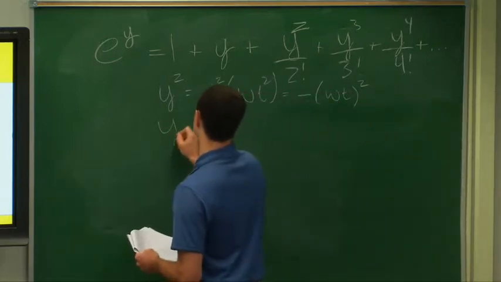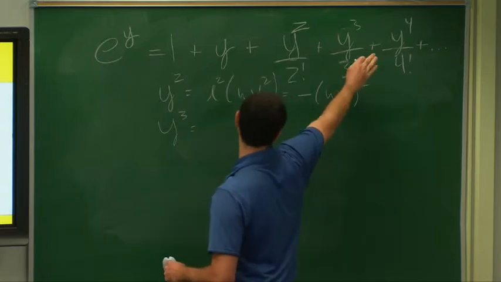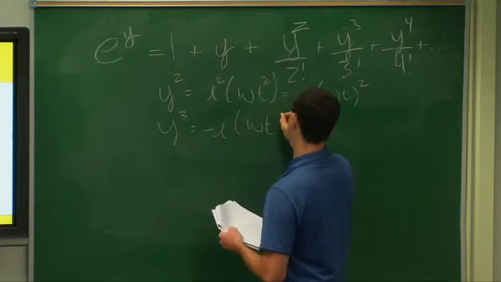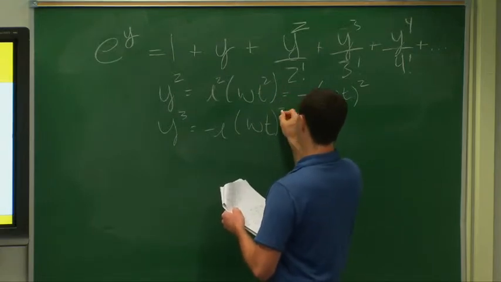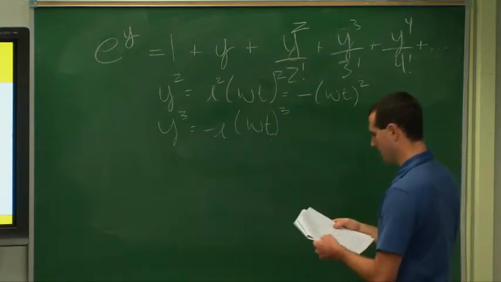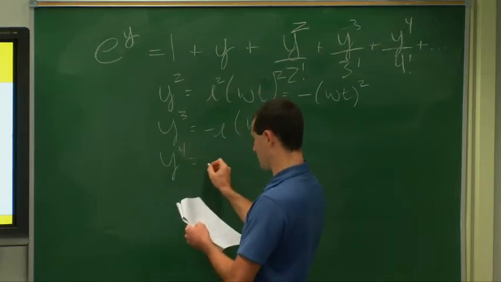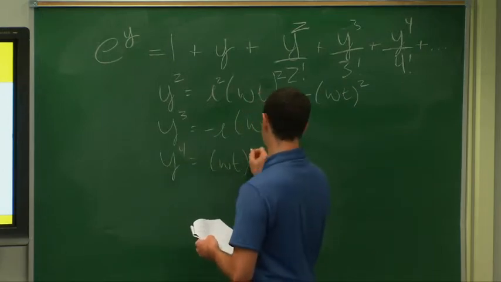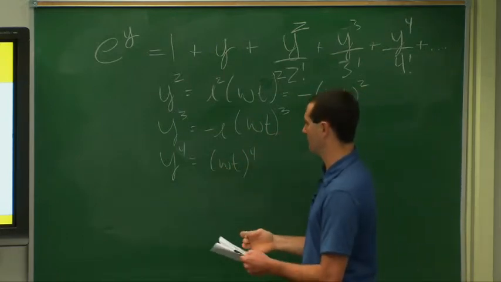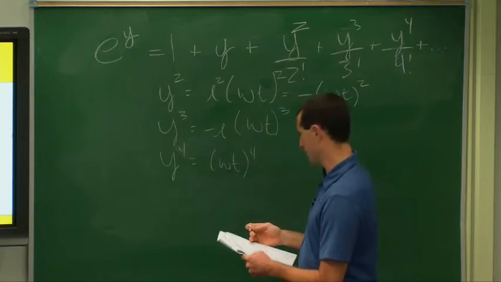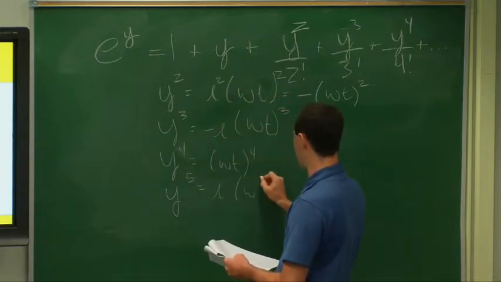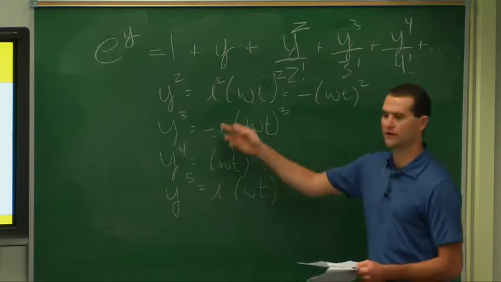And then I just carry this out, because I'll need, well, I've shown at least to the 4th power here. y cubed is negative i omega t cubed, sorry, this should be the whole thing. y to the 4th equals omega t to the 4th. So now we see the switch in the sign. Here it's negative, now it becomes positive because of another i term. And then y to the 5th would just go back to i omega t to the 5th, reflecting again that sign change.